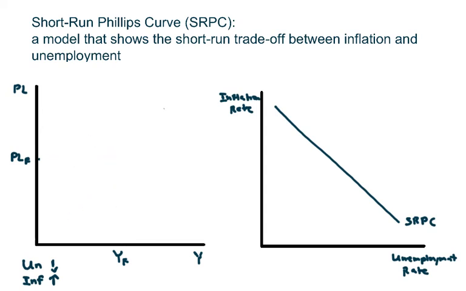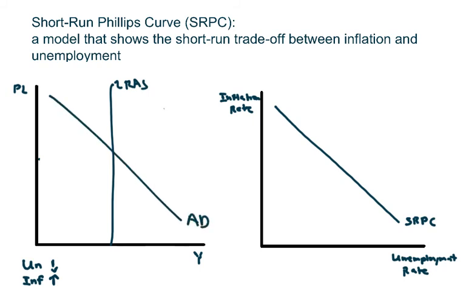It's going to look a little different, but that's okay. I'm going to redraw this in long run equilibrium really quickly. It's going to look a little sloppy, but we've seen enough of these by now. We know how this works. So YF and PLF. Okay, so there's our aggregate demand, aggregate supply model again.